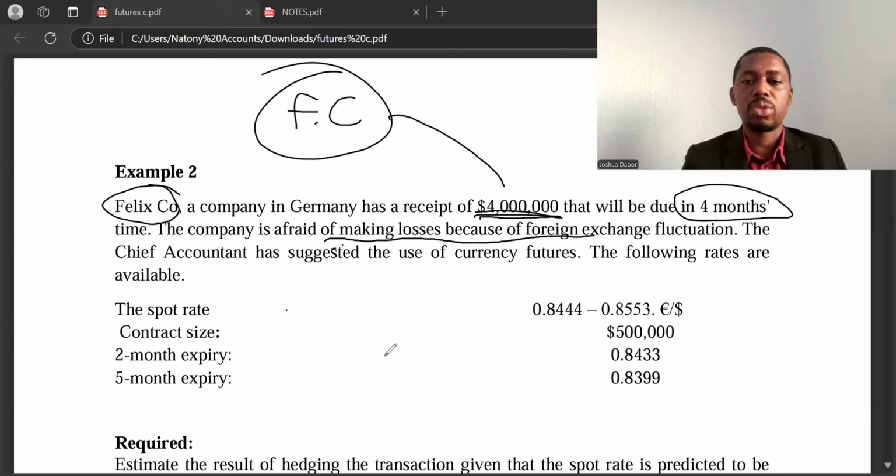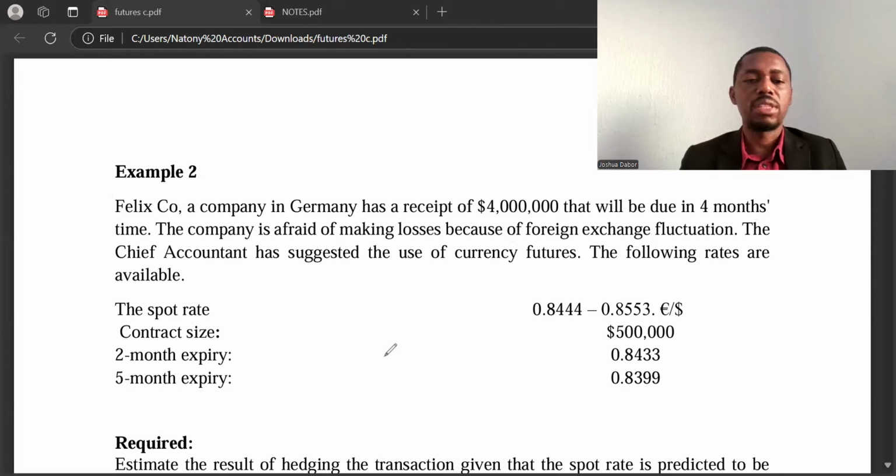So this is the exposure, making losses due to the fluctuation in exchange rates. The chief accountant has suggested the use of currency futures. The following rates are available. So these are the rates for immediate settlement and also forward rates for the contracts.